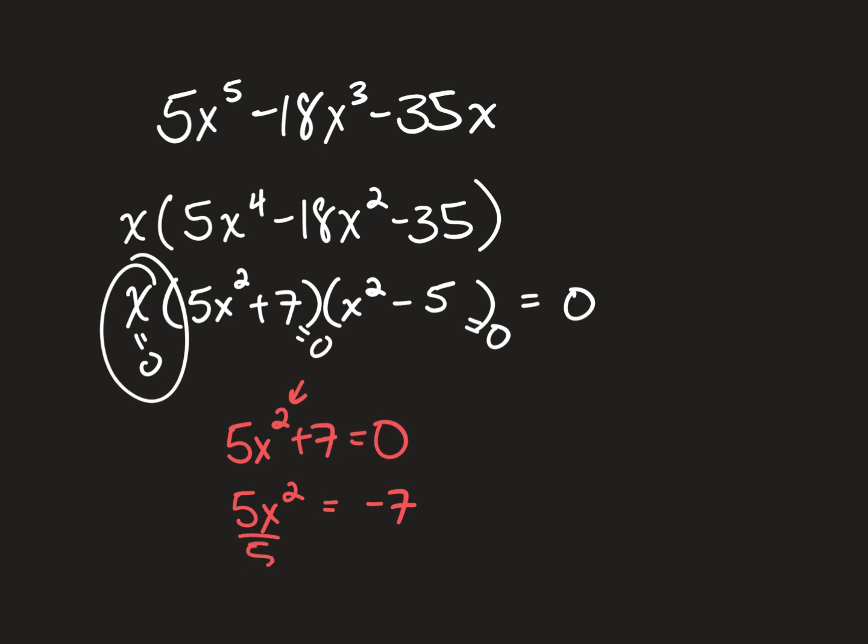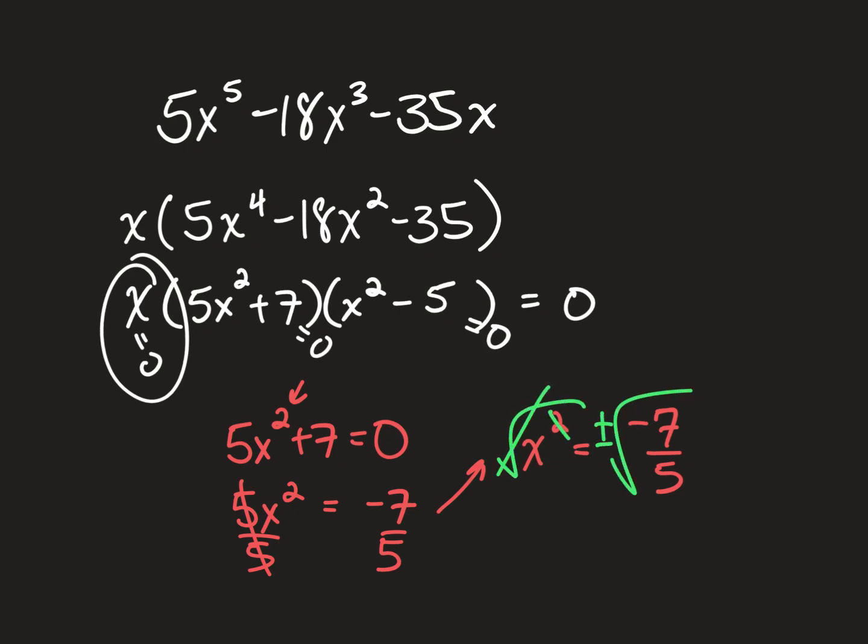Then you can divide by 5 and be left with x squared equaling negative 7 over 5. And from there, you can take the square root of both sides, putting a plus or minus in front of the number to cancel out the x squared. And while we're at it, we'll just simplify this radical as best we need.